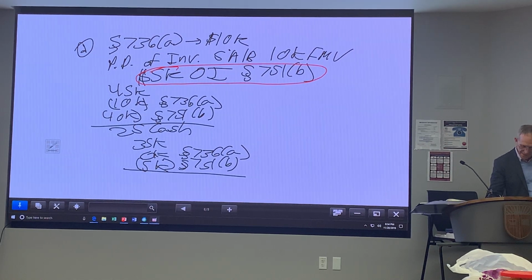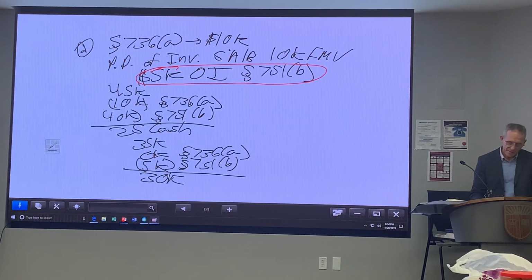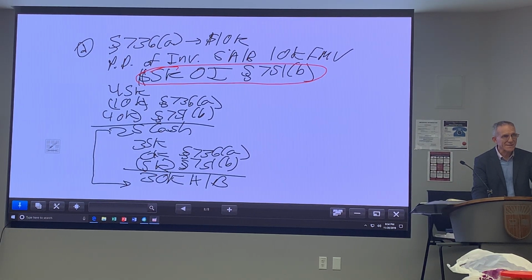What's his outside basis, guys? 30,000. He's getting cash of how much? We just said 25,000, right? If you have an outside basis of 30 and you get cash of 25, what happens? Long-term capital loss of $5,000.